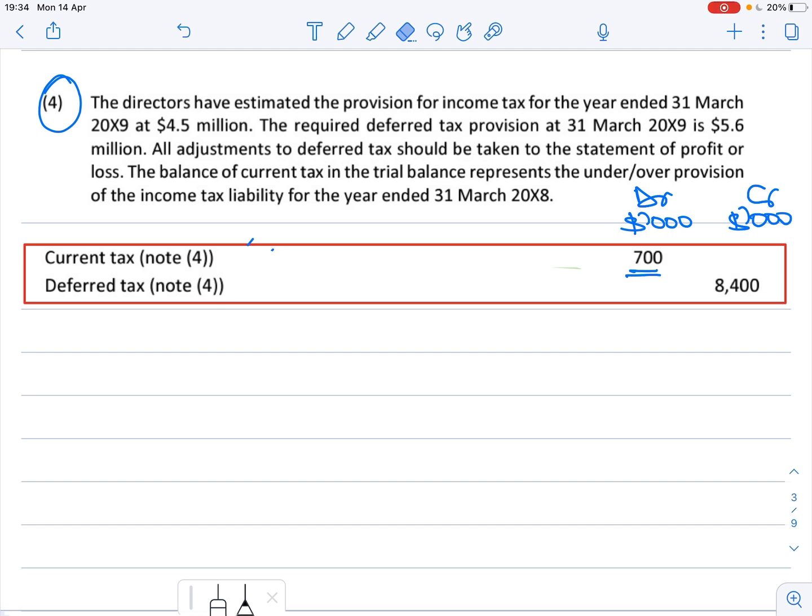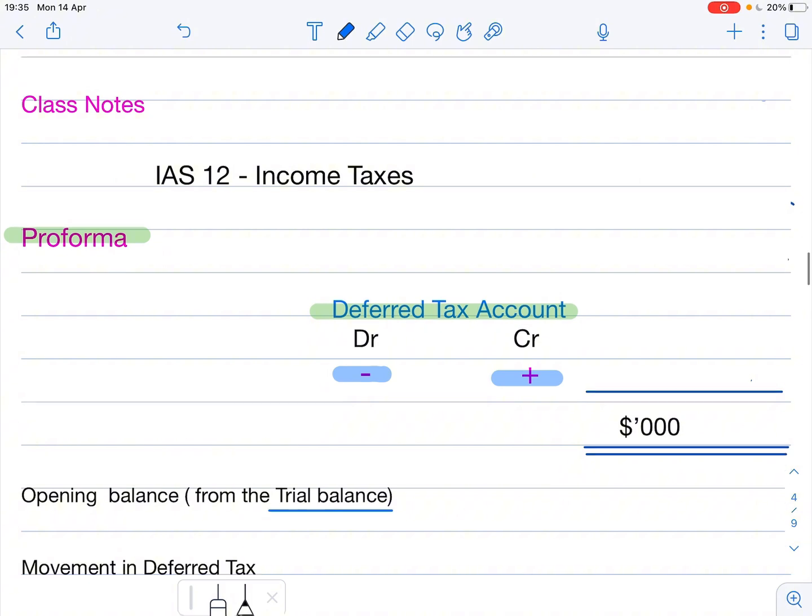I'd like you to know this: unless otherwise stated, the figures in the trial balance are going to be the opening balances. So the deferred tax of 8.4 here is the opening balance. So let's drop that 8.4 in the pro forma.